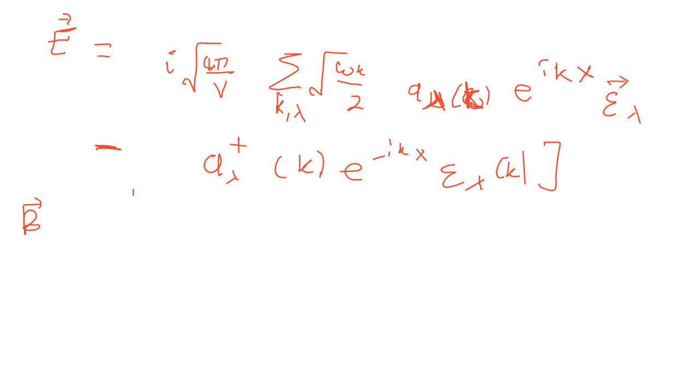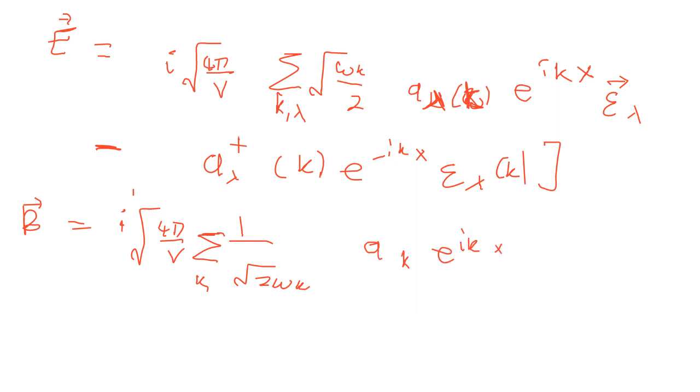And then similarly for b, you get i square root 4 pi over V, 1 over square root 2 omega k, sum over k of a_k e^{ik·x}. Now, to get this from the vector field, you took a curl, and as I said, this means that you end up having to take the cross product of k with this vector, lambda plus the emission conjugate.